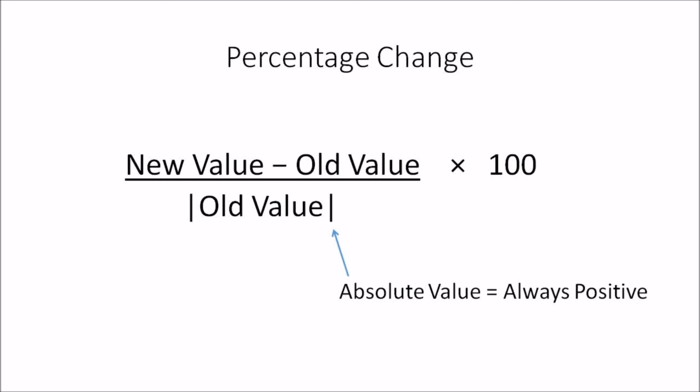If your answer is a negative number, that means you have a percentage decrease. And remember, you cannot use the same answer for saying that, for example, it was a 20% increase and a 20% decrease. You need to work it out because the answers will be different for an increase and a decrease with the same numbers.